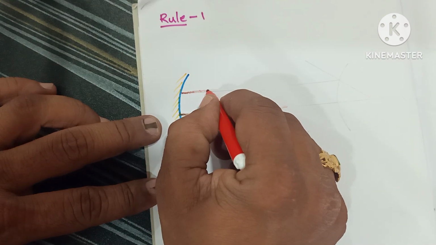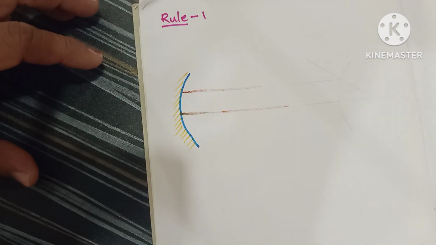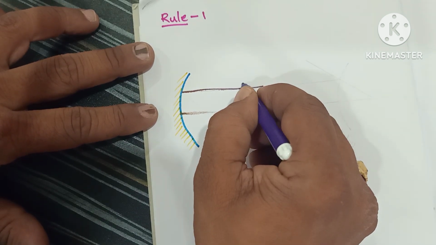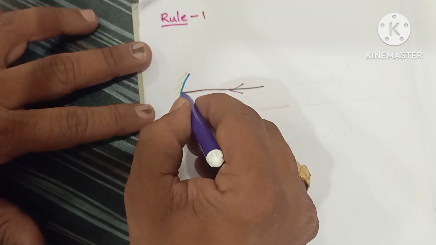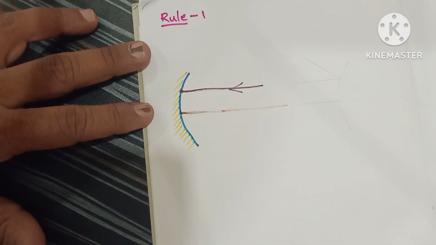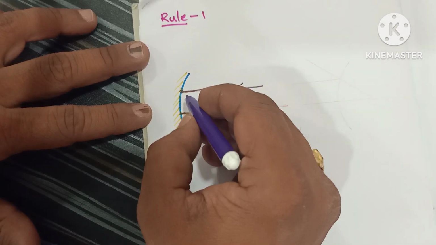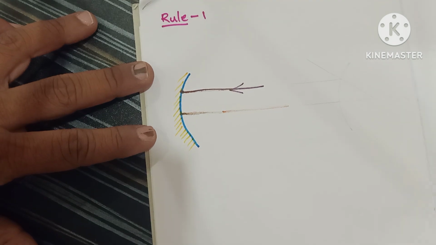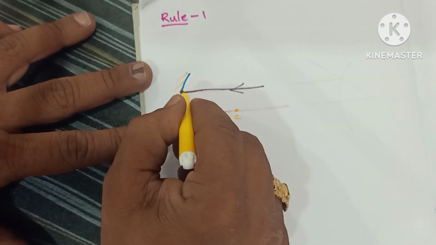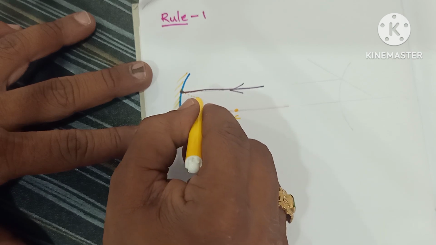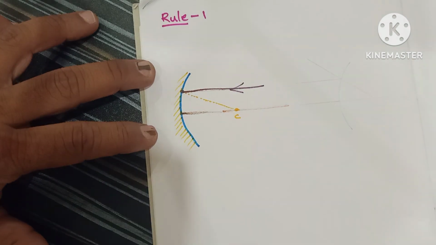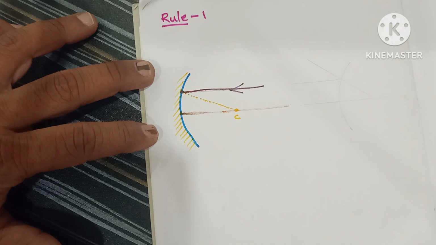This is one incident ray, which is incident at this point on the concave mirror. Now if we draw a normal at this point, the normal always passes through the center of curvature.